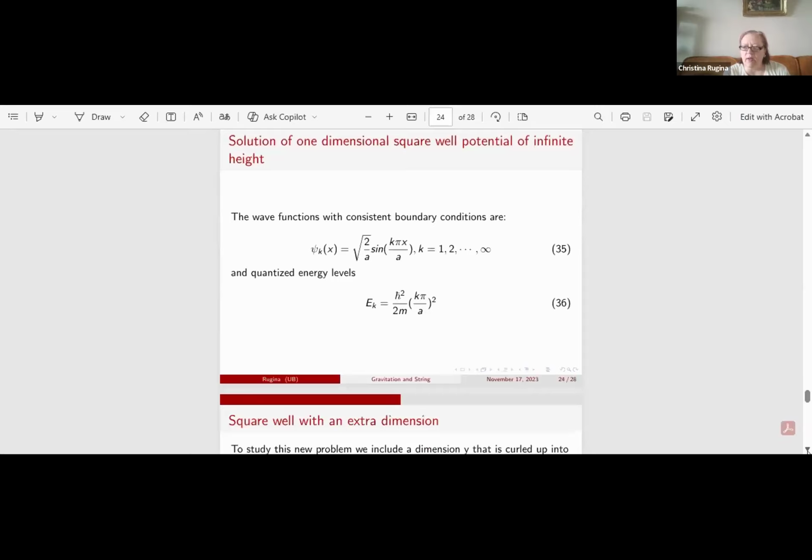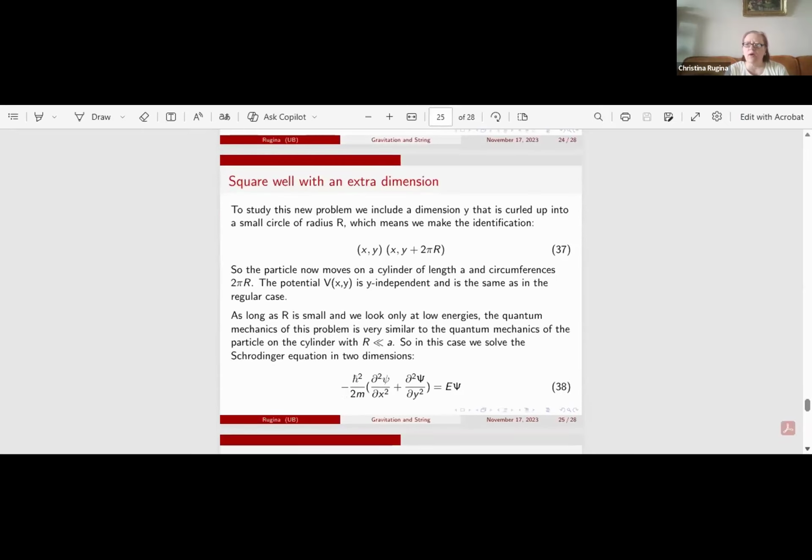And the square well with an extra dimension. Now we assume that we don't work only in one dimension, but we include dimension y. Here the problem was one-dimensional, so we go to 2 dimensions.